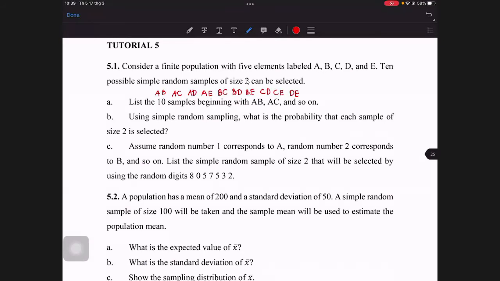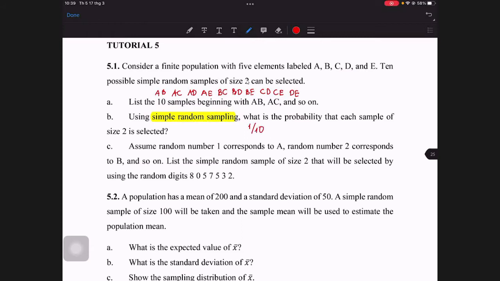Now, using simple random sampling, what is the probability that each sample of size 2 is selected? Remember that whenever we use a simple random sampling approach, the probability of each sample must be the same. In total, we have 10 different samples, so the probability here is 1 over 10.